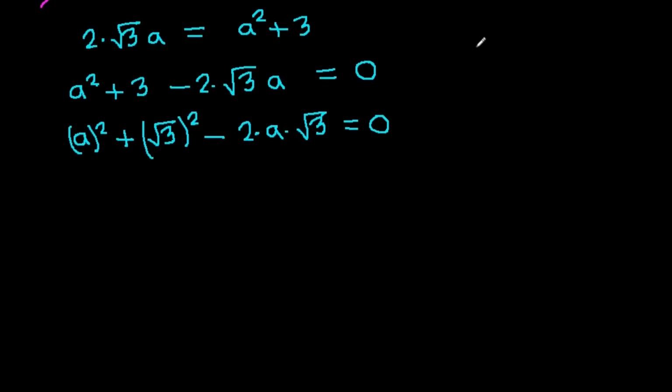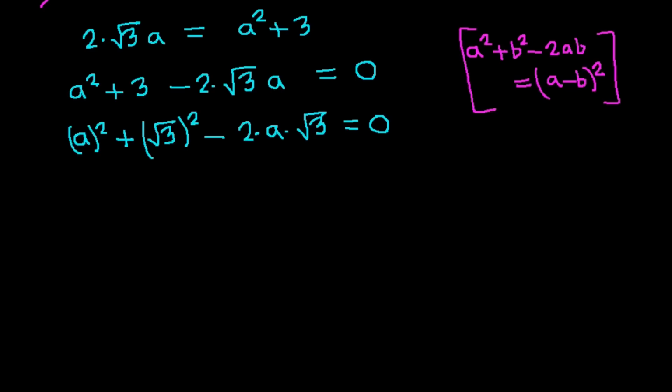We know that a square plus b square minus 2ab is (a minus b) square. So (a minus square root of 3) square is equal to 0.